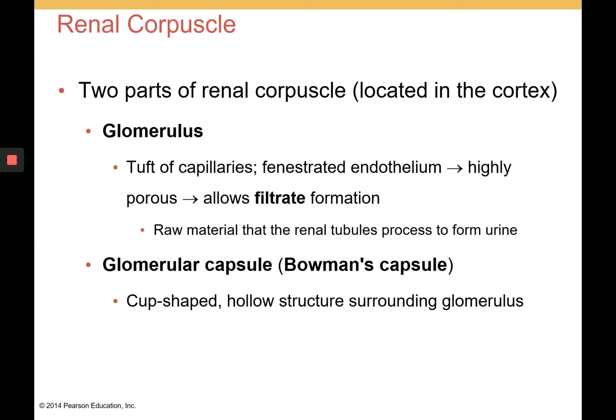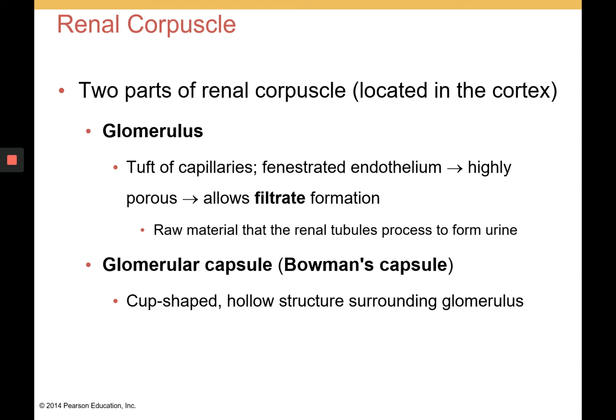The renal corpuscle is made up of that first capillary bed, the glomerulus, and a capsule that surrounds the first capillary bed. That capsule is named after the glomerulus, glomerular capsule, but also has another name, Bowman's capsule.